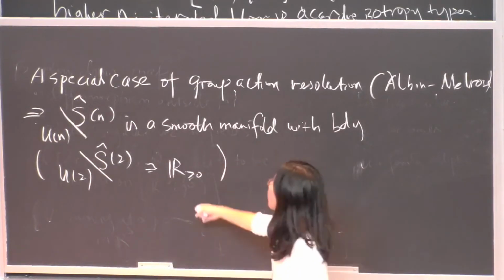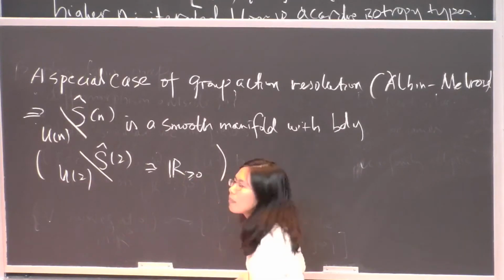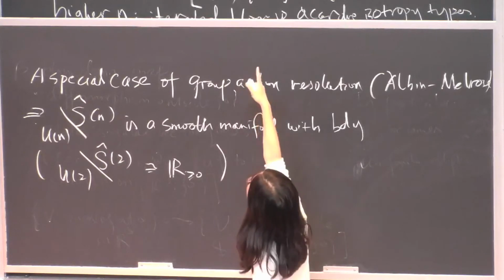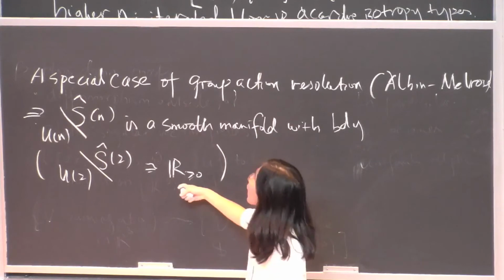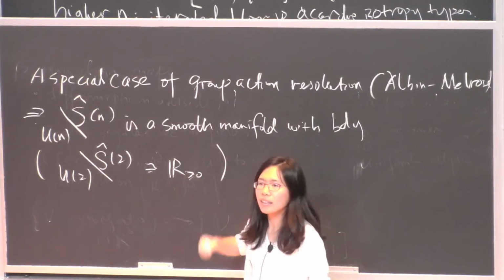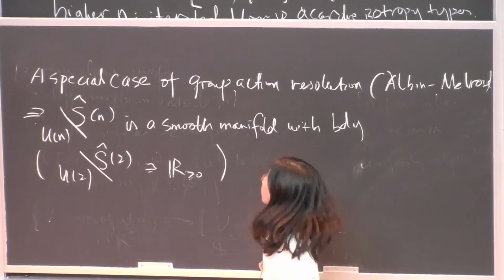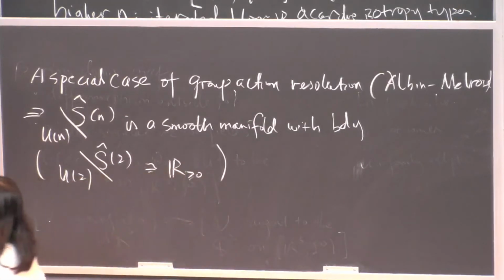Here it's easy to see that the orbits are just given by eigenvalues. By resolving this, you resolve the eigenvalue singularity at 0, and once you quotient it out, you get the positive eigenvalues, and the 0 is still there. So 0 is where we solved our problem. Okay, that's the first geometry example I want to present.